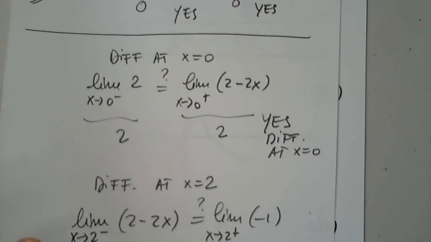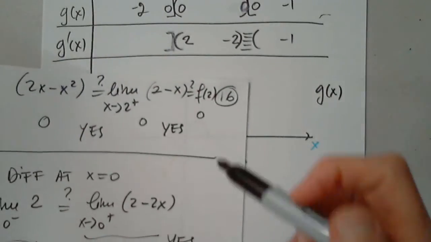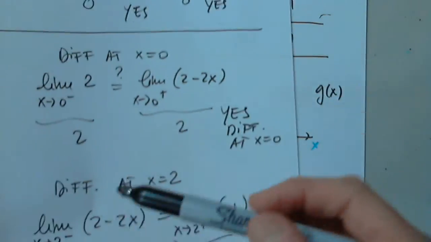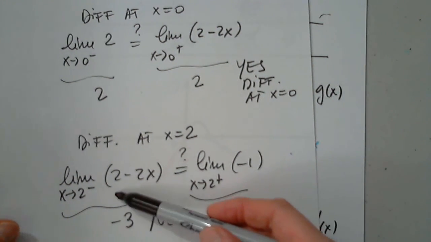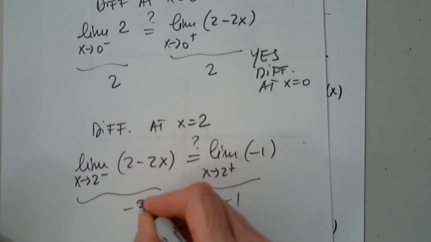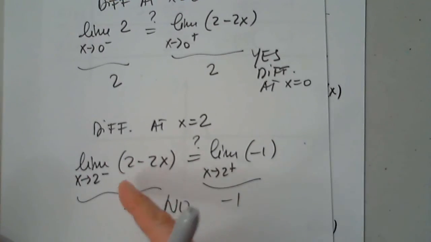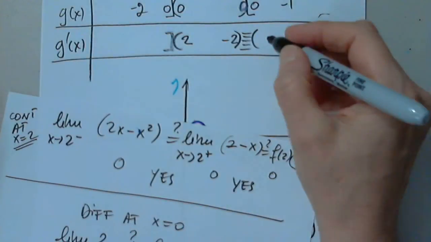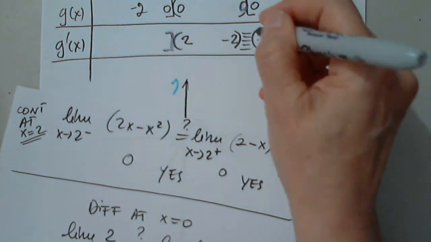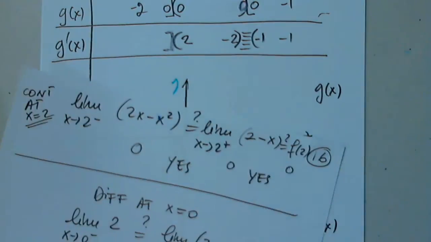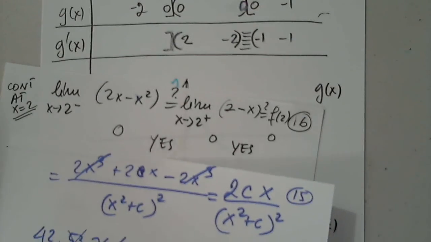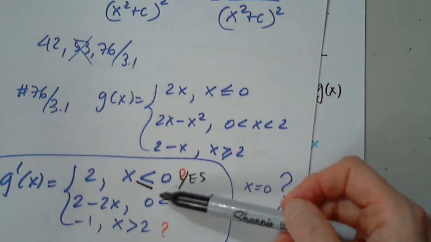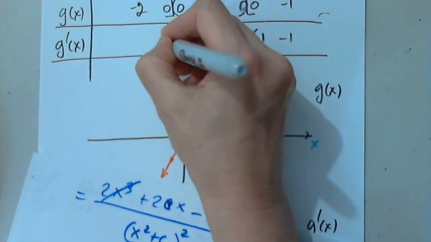I'm checking. No, on the left-hand side, 2 minus 4, -2. Okay, that's correct. And on this side, it's still -1. And on this side, I have to have on the left of 0, yes, of course, 2.